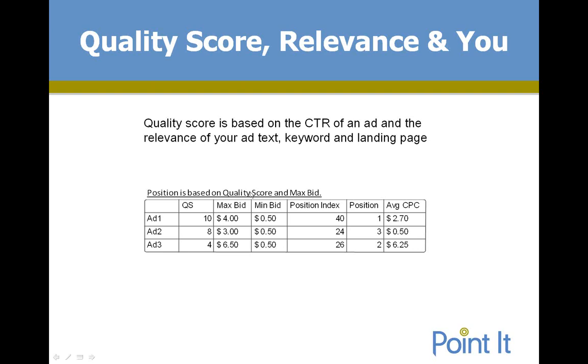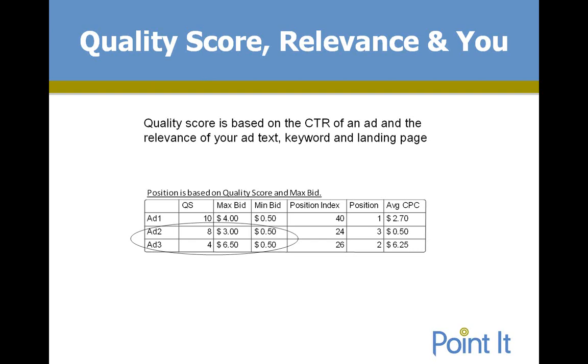Okay, I mentioned quality score before, and I'm going to try to give you an example to illustrate how important it can be. With these two ads or keywords, one has a quality score of 8 and one has a quality score of 4. The one with a quality score of 4, we're bidding $6.50.